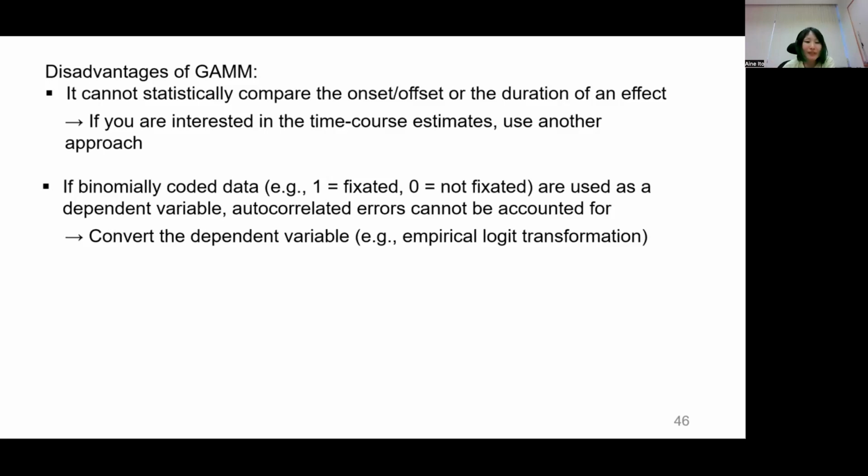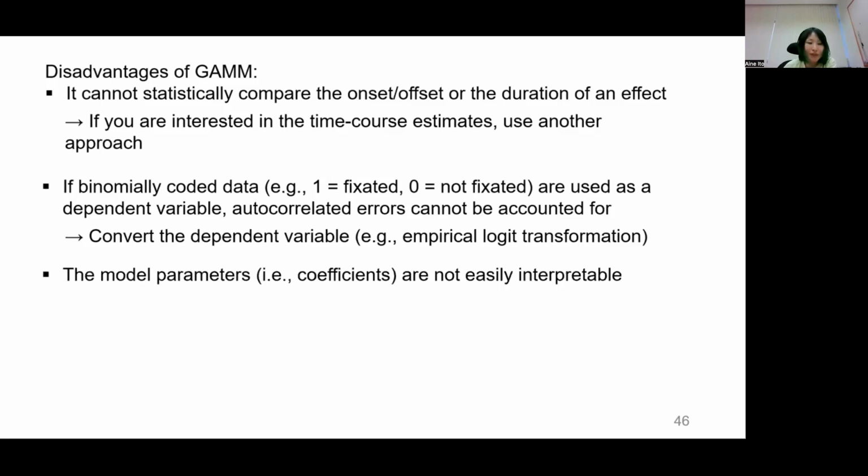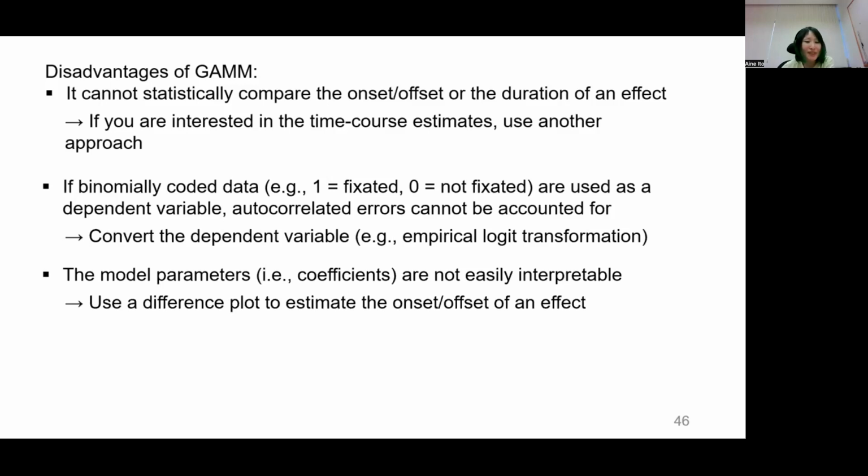So you might, for example, consider using empirical logit transformation to treat it as a continuous variable. And the model parameters, like coefficients, are not really easy to interpret, as we'll see in the next slide. But it's not really a problem because we use a difference plot to estimate the onset to offset of the effect.